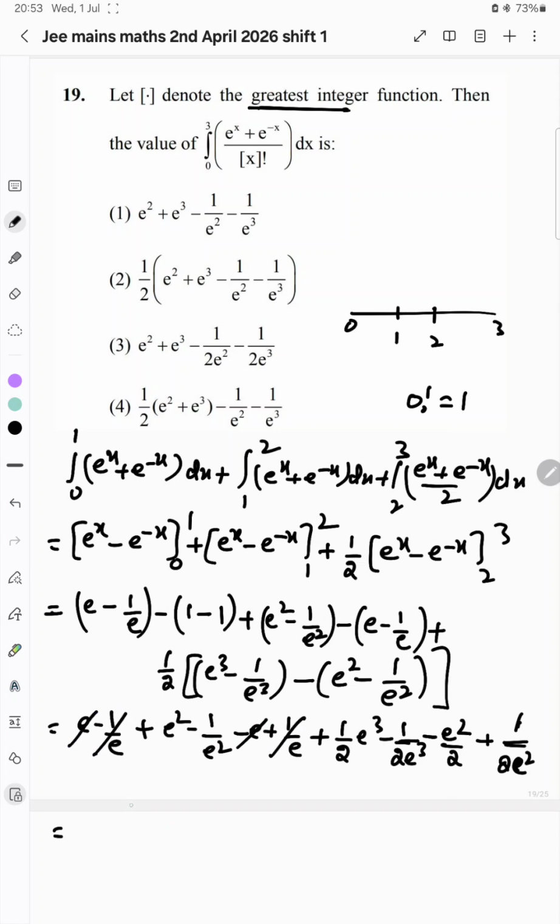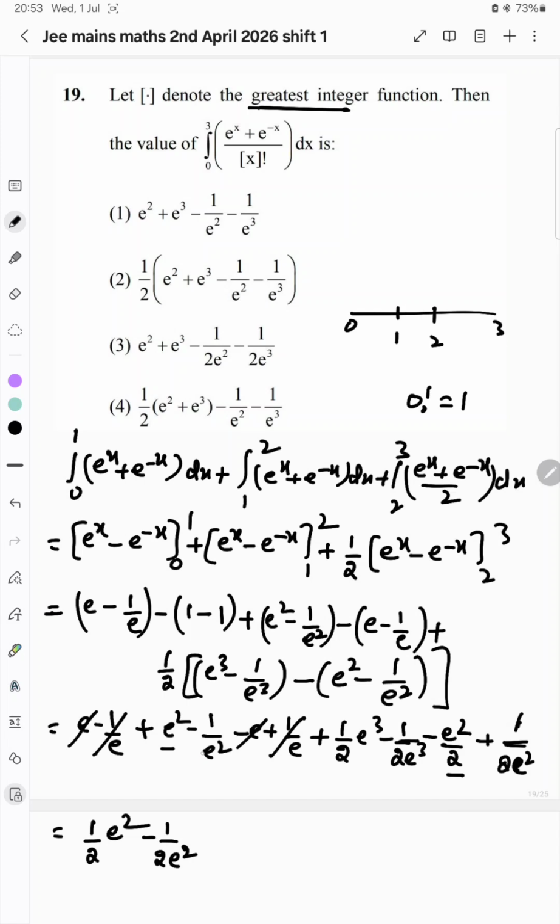Okay, now the remaining terms. First the e^2 terms: how many are there? Here 1 e^2 is there, and next here minus e^2/2 is there, so 1 e^2 minus e^2/2 means 1/2 e^2 we will get. Next minus 1/e^2 is there, and here plus 1/(2e^2) is there, so minus 1 plus 1/2 means minus 1/2 only, so minus 1/(2e^2) is there.